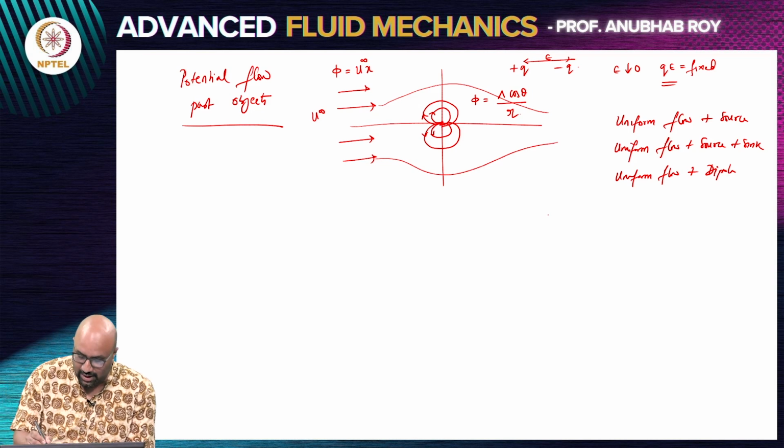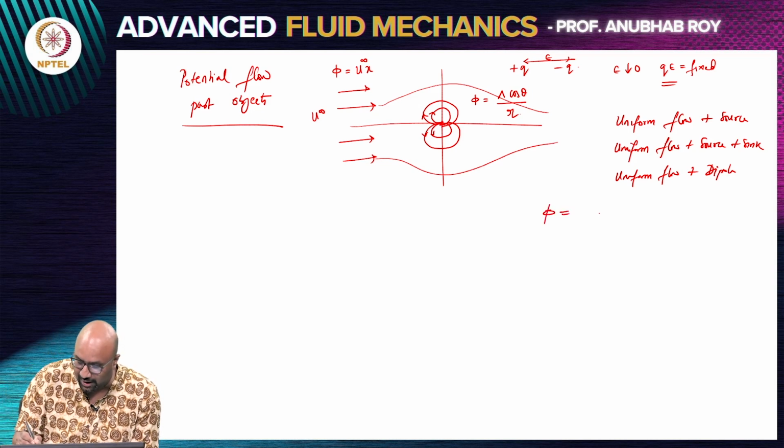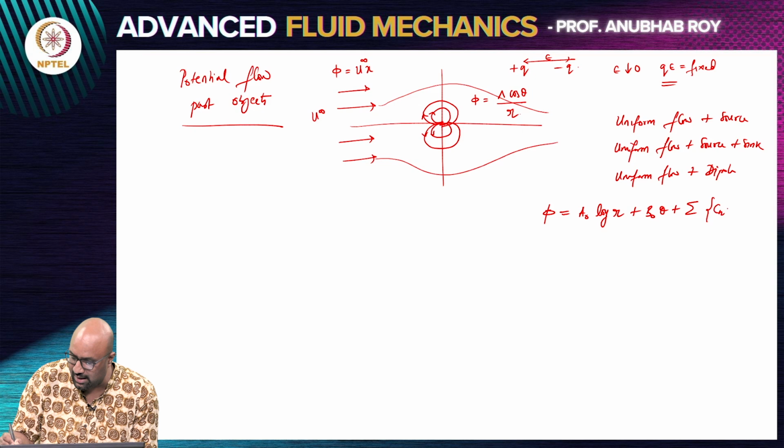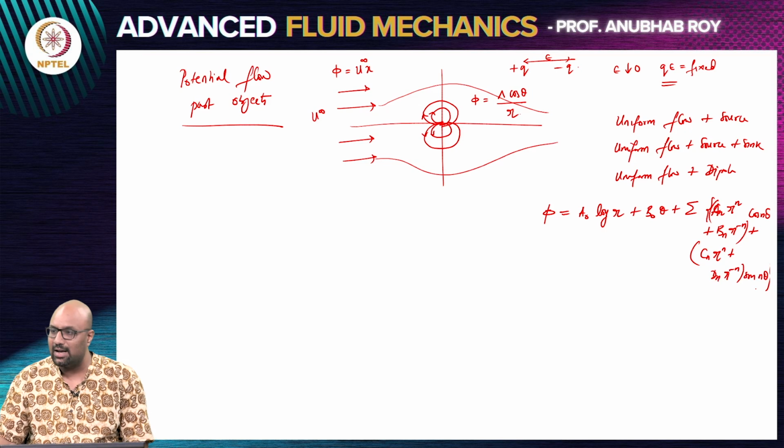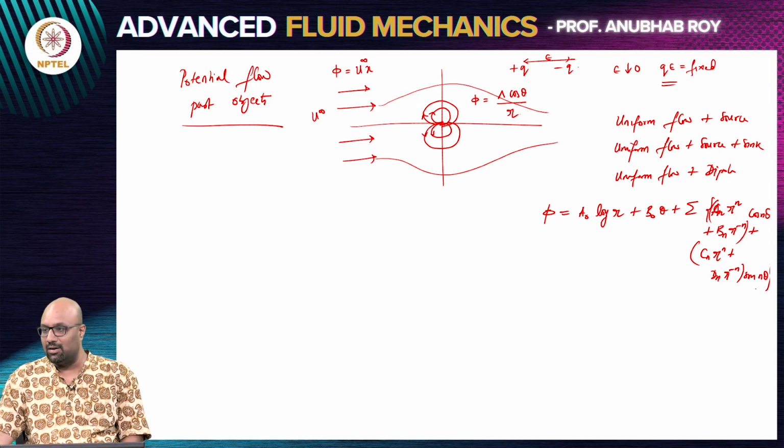So, I wrote down the solution of del square phi, which was a naught log r plus b naught theta, then a summation over a n r to the power n plus b n r to the power minus n, multiplying cos n theta, and then c n r to the power n plus d n r to the power minus n, multiplying sin n theta. This is the most general solution you have in terms of the circular harmonics.